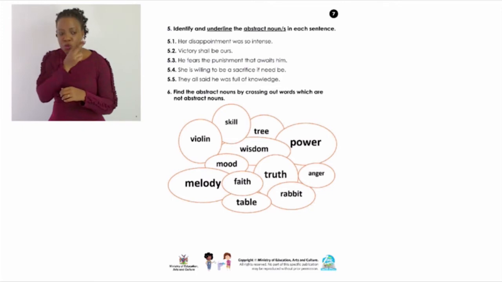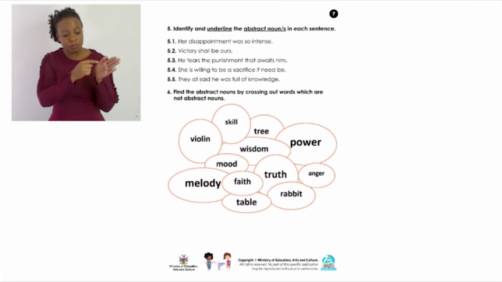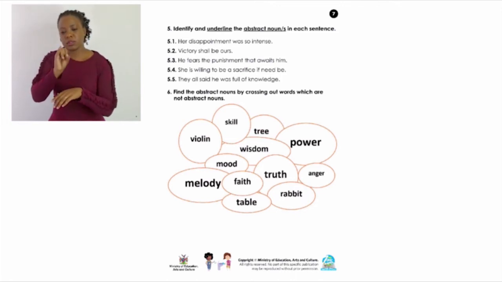So what we are going to cross out are words which are not abstract nouns and leave the abstract nouns alone. For instance, a word like tree is not an abstract noun, it's a common noun. So those are the words that you cancel out. But words like wisdom, that's an abstract noun, so you don't cancel it out, you leave it alone.